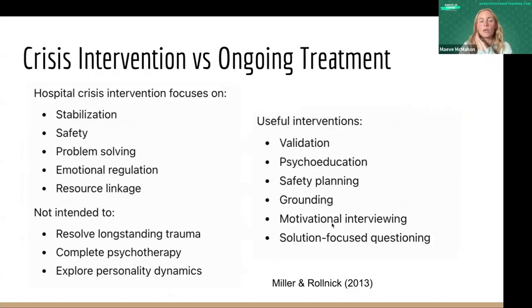So we can get paged to help stabilize an argument with a family, or if there's a safety concern, if there is a visitor that is causing a safety threat to staff or another patient, or if a patient is causing a safety concern. We can step in to help with emotional regulation if someone has just received some bad news and they need some help processing that. You can try and use your social work skills to help regulate that emotion.